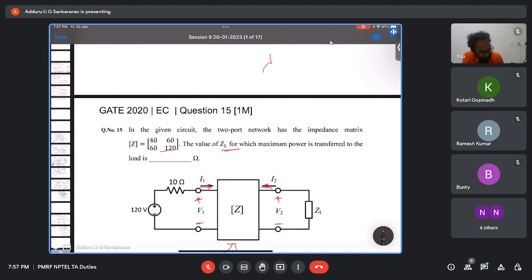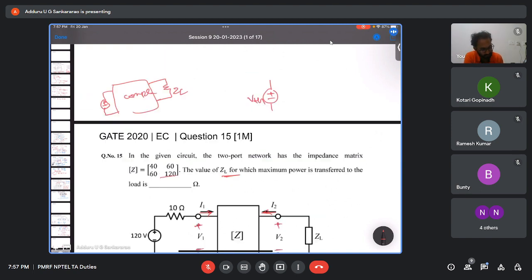If you have a very complex network with some source, and here you have the load connected, the entire network you represent with its equivalent VTH and RTH.